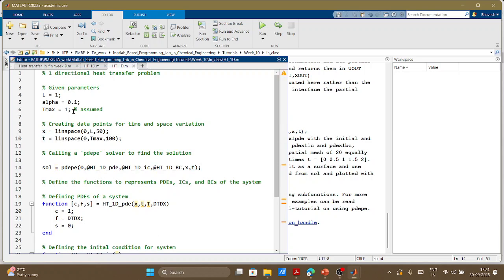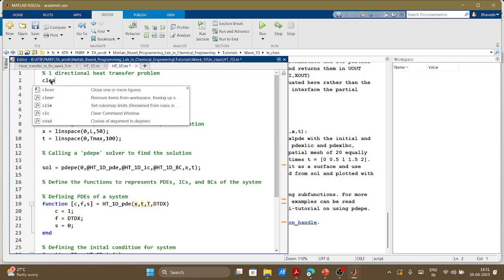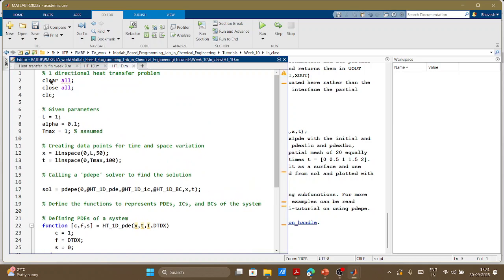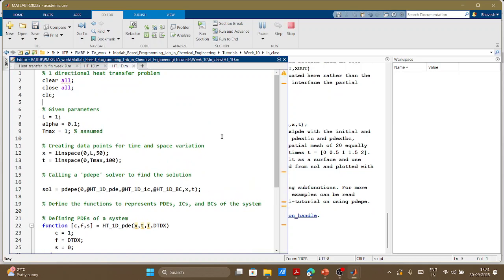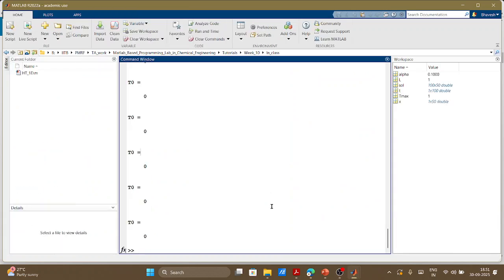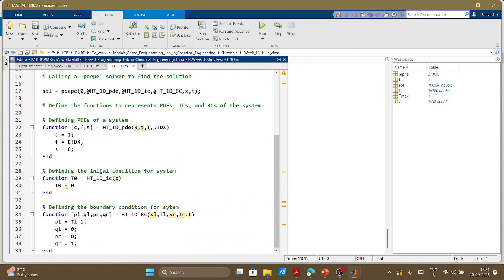So let us run this part now. Clear all, close all, and clc. So it has run without any error. I have to suppress output somewhere, T0.